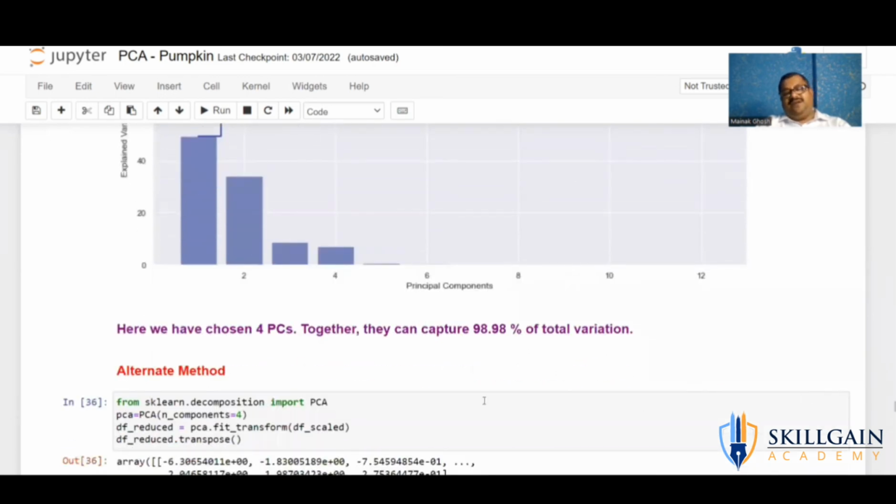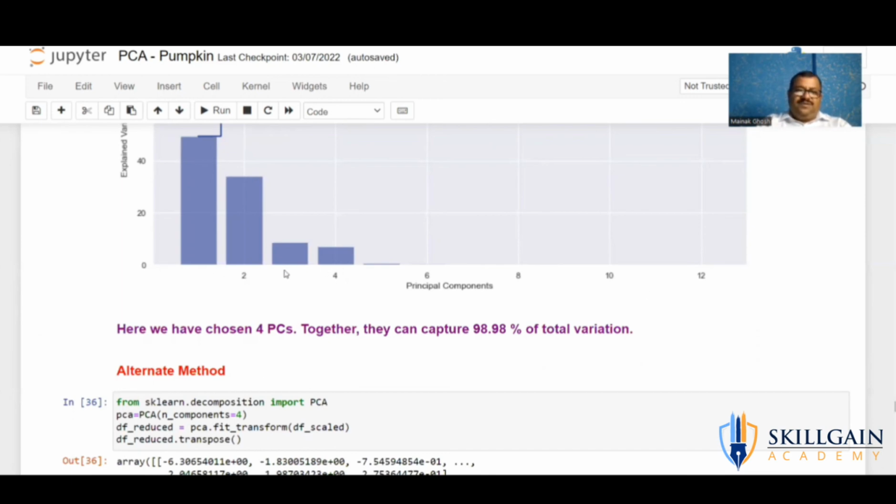This is 98.98%. So with this 1.02% loss of data, we can use these four components instead of those 12 variables. That is the main purpose of PCA. There are 12 variables, so there are a minimum of 12 PCs. Each PC will be a linear combination of all the features.